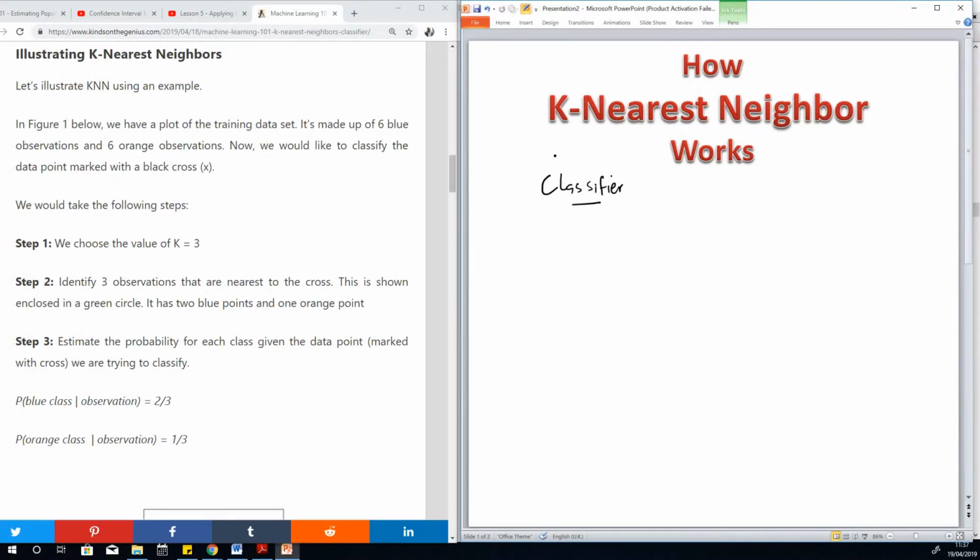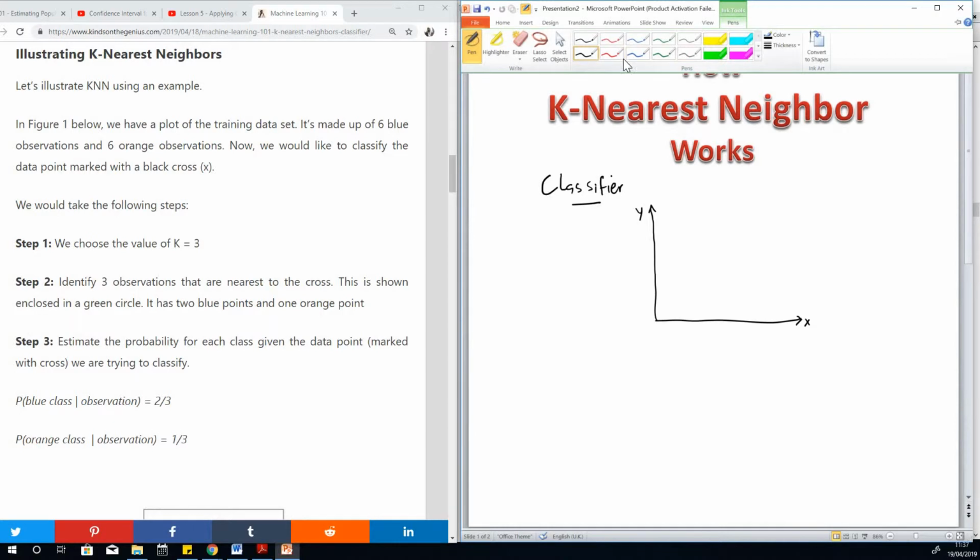Remember, in supervised learning you have a training data set. So let's say we have a training data set and then we have to classify new points. This is X and this is Y. Let's assume we have certain data points, blue and red.